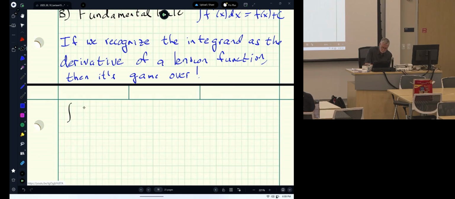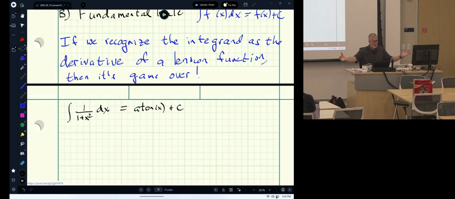Example, integral 1 over 1 plus x squared dx. We recognize this as the derivative of the arctangent function because it's in our little bitty table that we have uploaded to our little bitty engineering brains, okay?